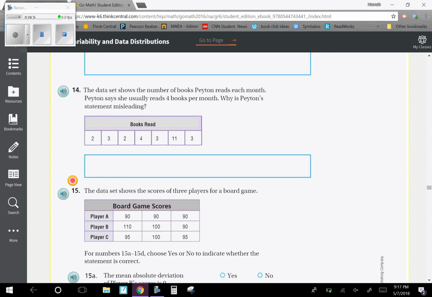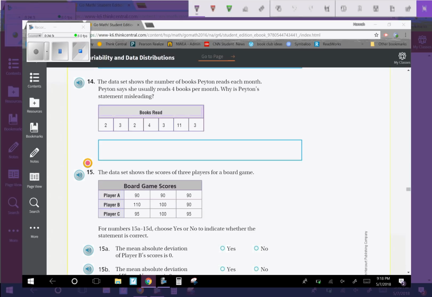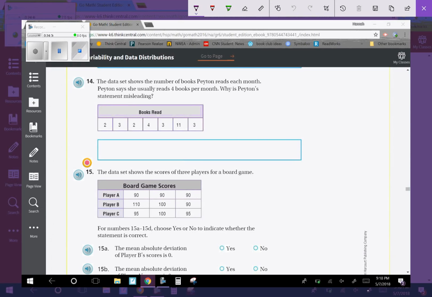Number 14. The data set shows the number of books Peyton reads each month. Peyton says she usually reads 4 books per month. Why is Peyton's statement misleading? Okay, so for Peyton here, 4 is the mean.